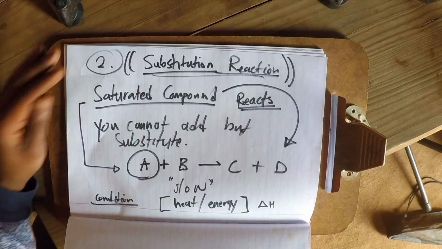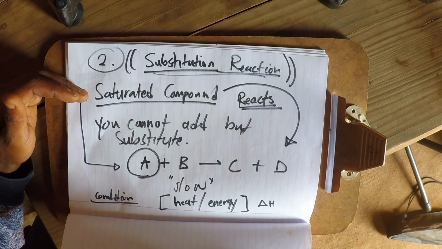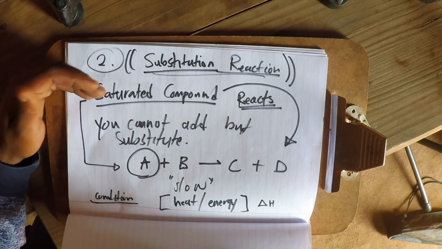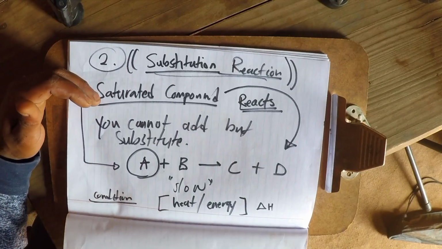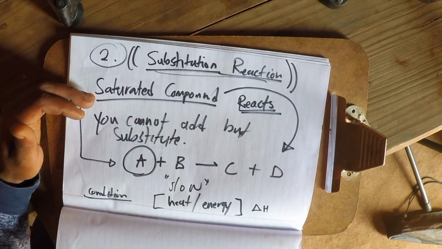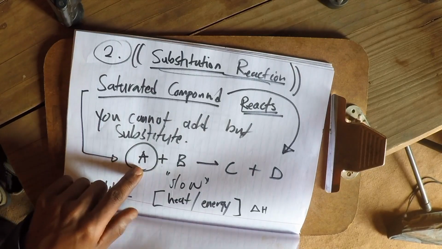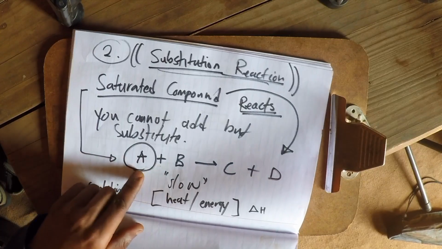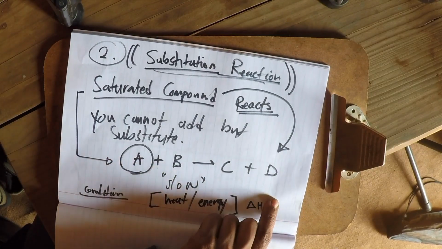I said substitution reactions only occur when you have saturated compounds as a reactant, and you are trying to react them with something else. You cannot add to them because they are saturated. What can you do? You can only substitute. For example, if you have A and it's saturated and it reacts with B, B can only substitute something in A in order to create other saturated products.